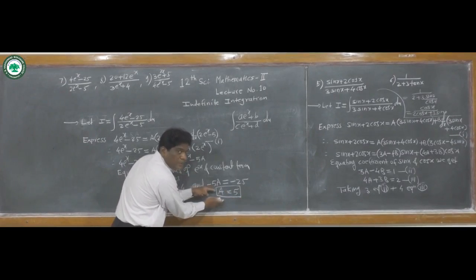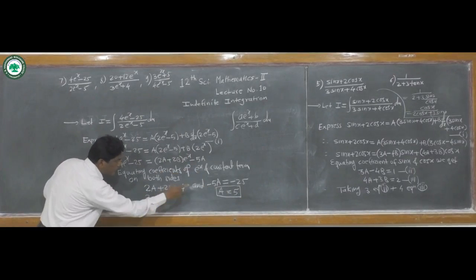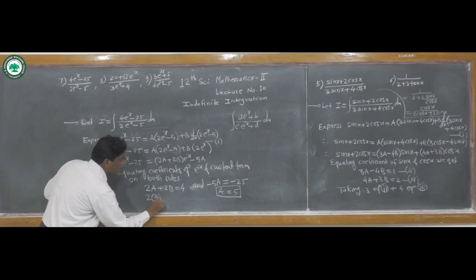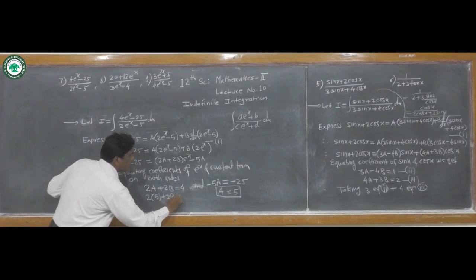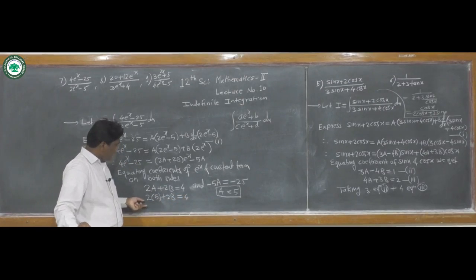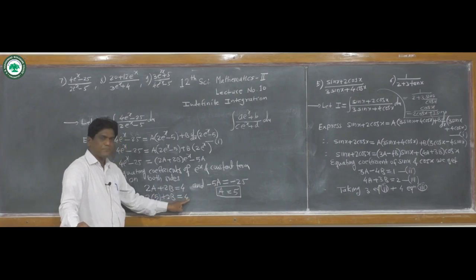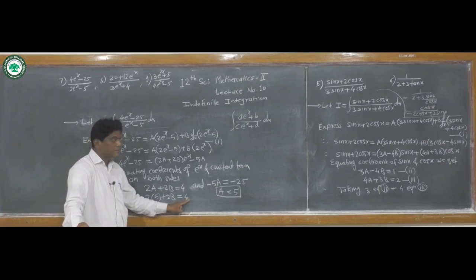Now put this value of a in this equation. Therefore 2 into a, that is 2 into 5, plus twice b is equal to 4. Now carry these 10 to the right hand side. We get 4 minus 10, that is minus 6.